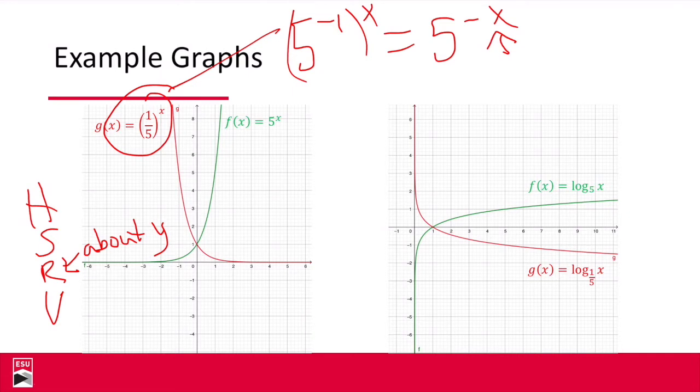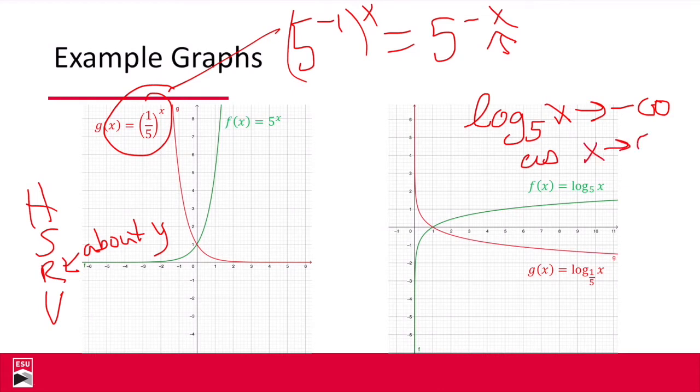And it goes to infinity as x goes to infinity. And then log base 1/5 of x goes to positive infinity as x goes to 0 from the right, and it goes to negative infinity as x goes to infinity.